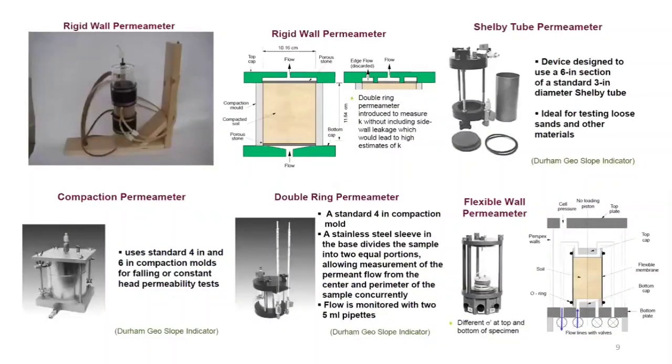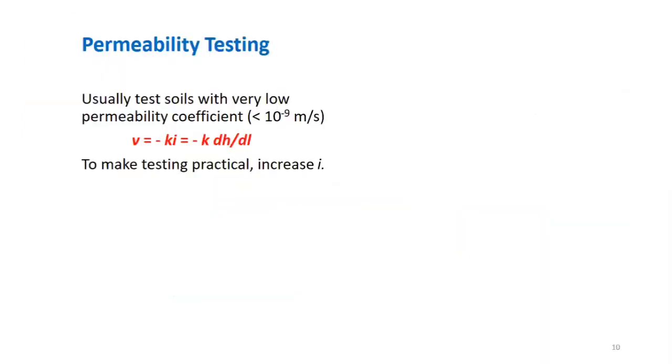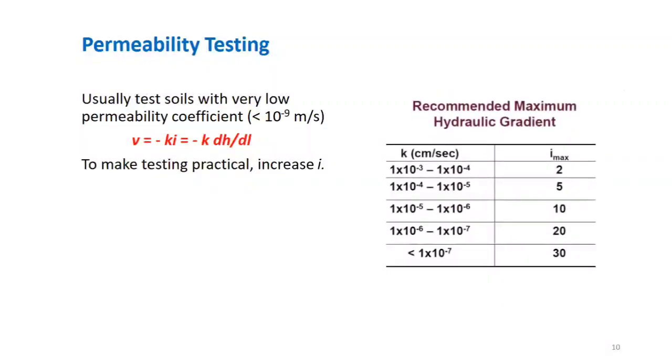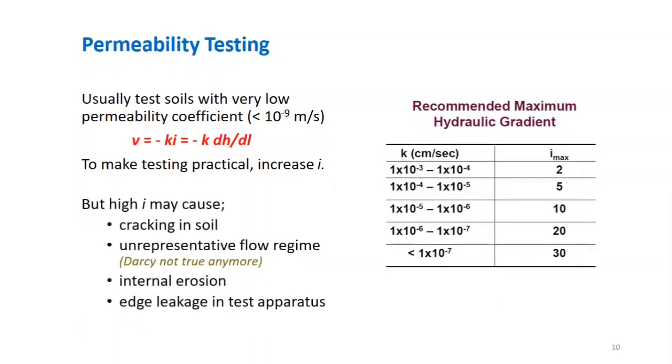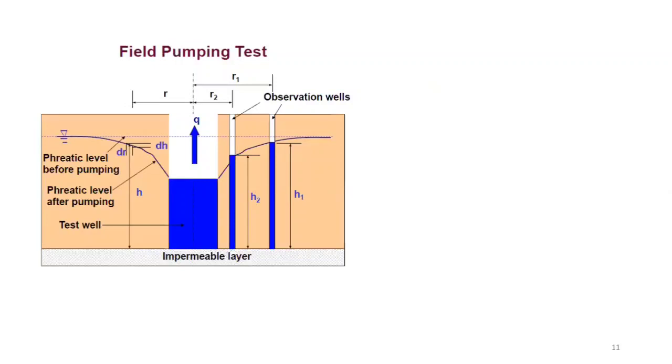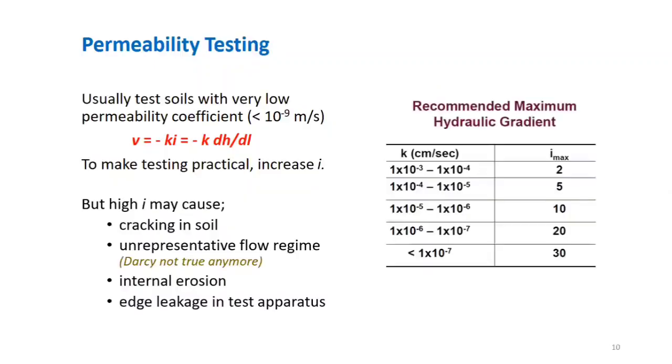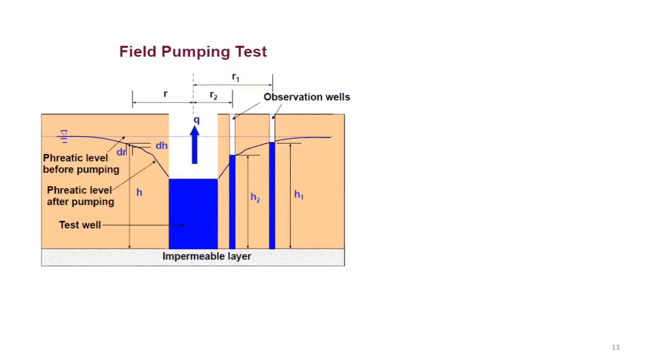Okay, these are some photographs and brief details of different types of permeameters. Then, what are the issues in permeability testing? Especially regarding the high value of hydraulic gradients. Then, like I said, to overcome these problems, you have to go for field pumping tests.